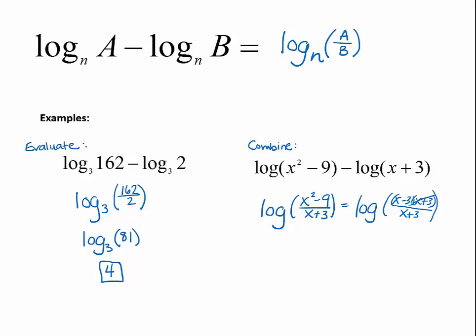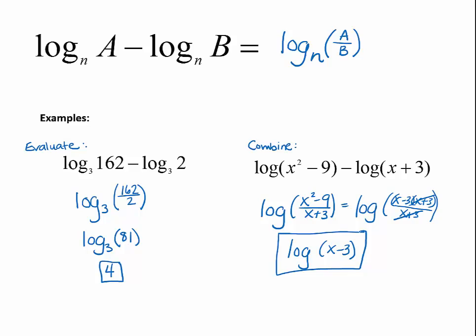And now we have a factor that's going to be eliminated. This is now simplified into the log of x minus 3. Now, typically, we would say that negative 3 can't be part of the domain of this, but that can't happen anyway because that would make our argument negative. So we would just leave this as the answer.